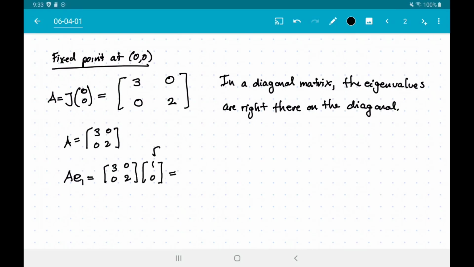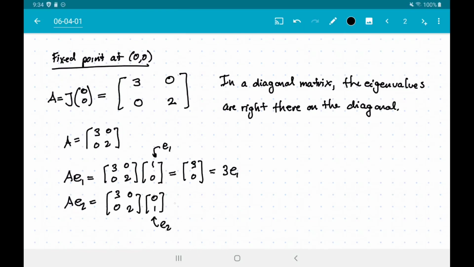This is E1, elementary basis vector number 1. When you work out that matrix product, what do you get? 3, 0, and that's 3 times E1. And I'll leave you to work this out for yourself. This is very easy to do. But there's E2. So the eigenvalues are right there on the diagonal, and the eigenvectors are just the elementary basis vectors.